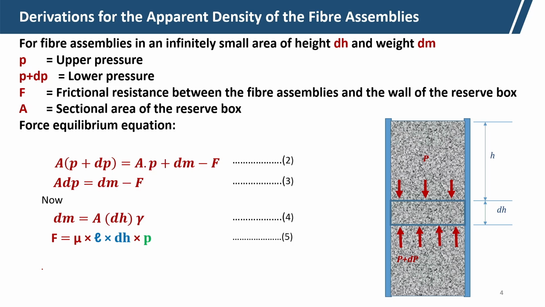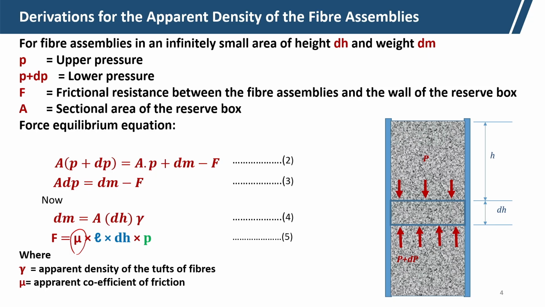And from there we can calculate F, which is equal to mu, the coefficient of friction, multiplied by L, the peripheral length of this chamber, multiplied by dH, which is the contact area.